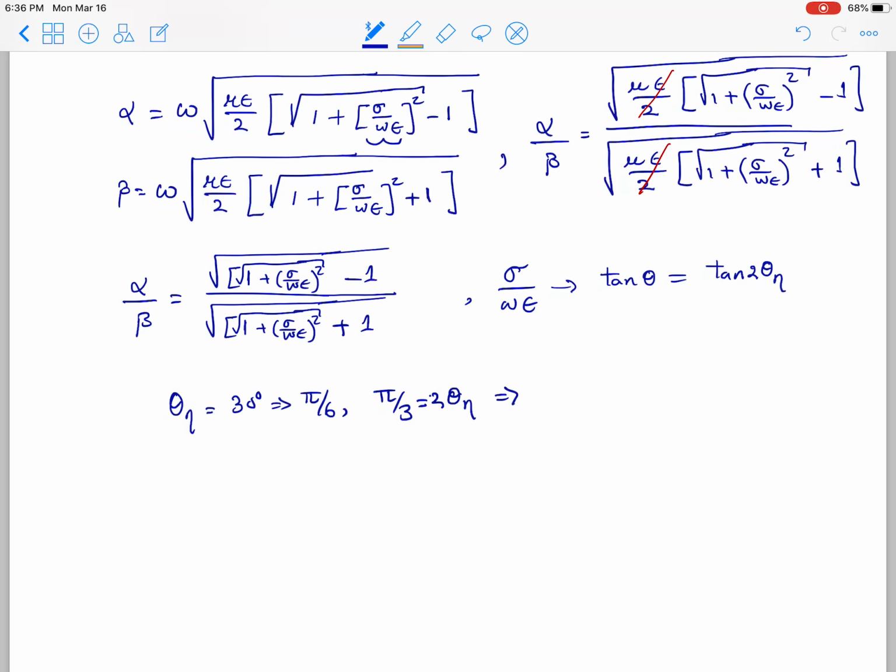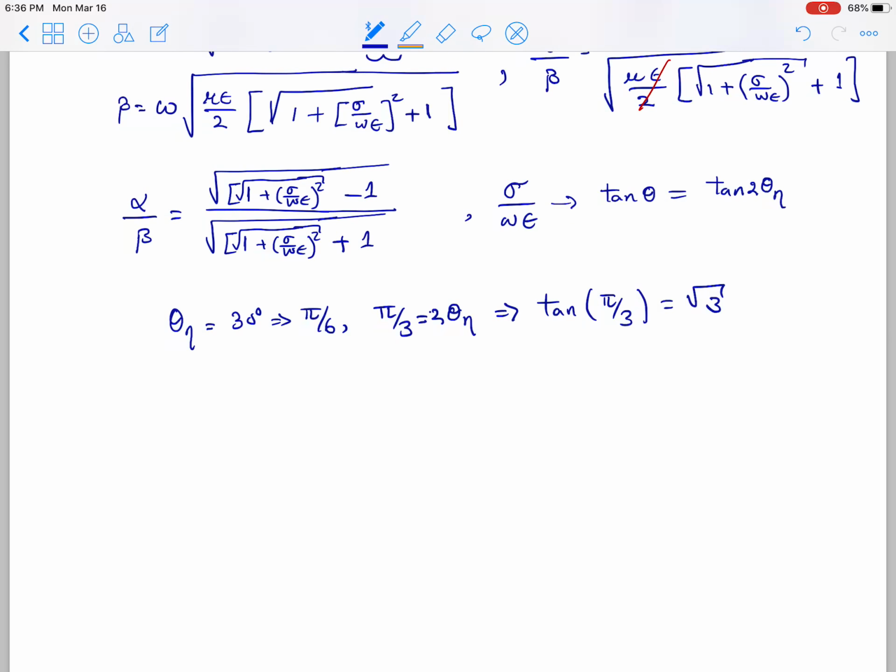And in this case, tangent of pi over 3 is equal to square root of 3. So we can substitute that back, and we will end up with (2 minus 1) divided by (2 plus 1) to the power 1/2.